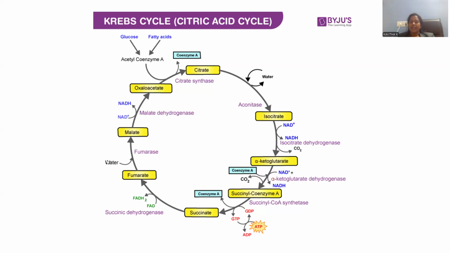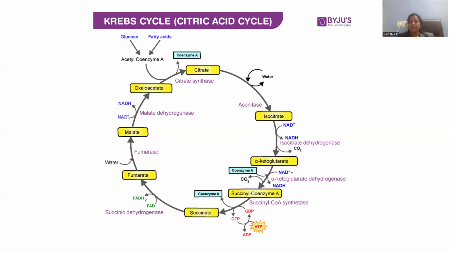That fumarate is added with water, so that the fumarase enzyme plays the key role in transforming fumarate into malate. Malate will be added with NAD. NAD will be reduced, meaning hydrogen is abstracted, and NADH will be generated in the presence of the enzyme malate dehydrogenase. Oxaloacetate will be the product there.